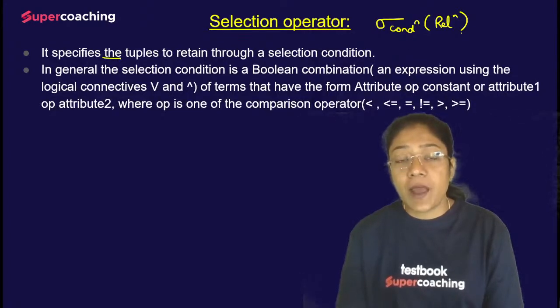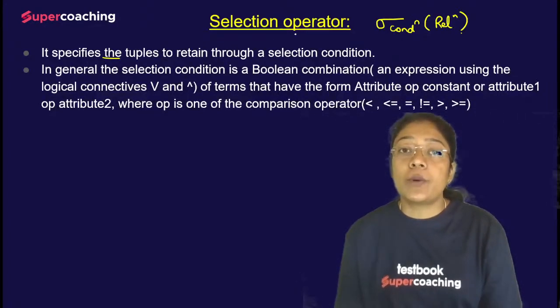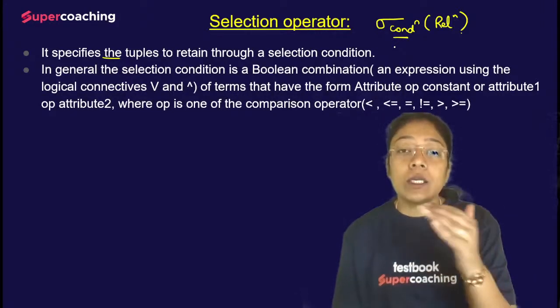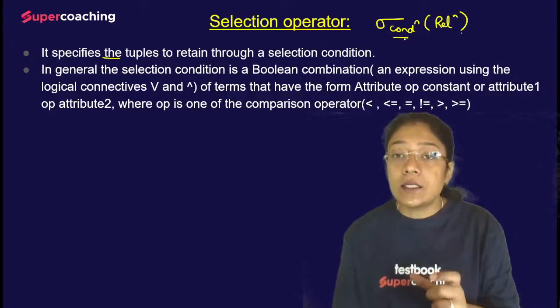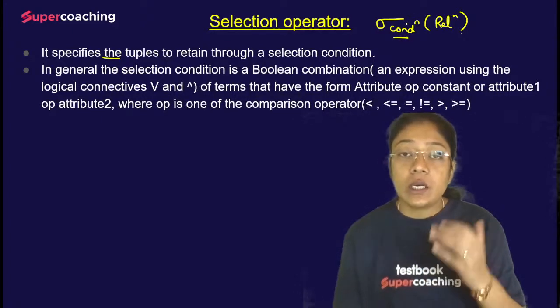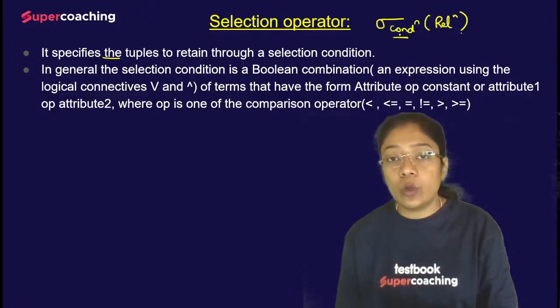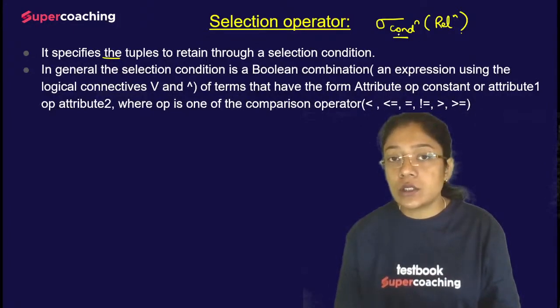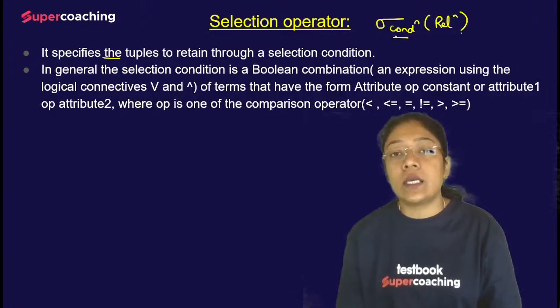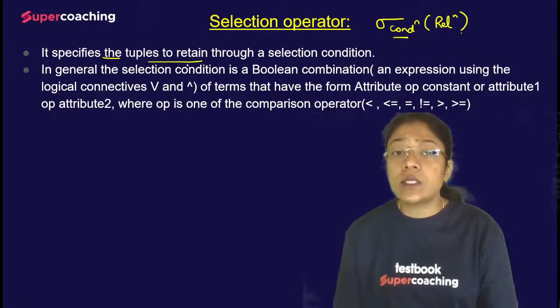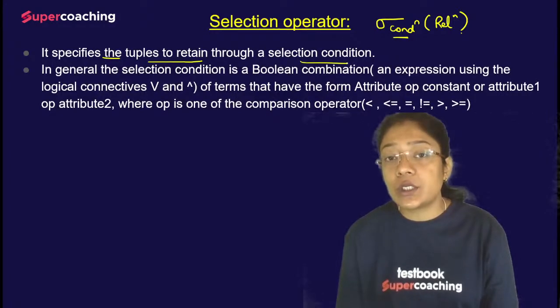It will apply the condition we have mentioned on each tuple of the table, and the tuple which satisfies this condition will be returned, included in the result. If the condition is not satisfied, then that tuple will be dropped. So it specifies which tuples to retain through a selection condition.